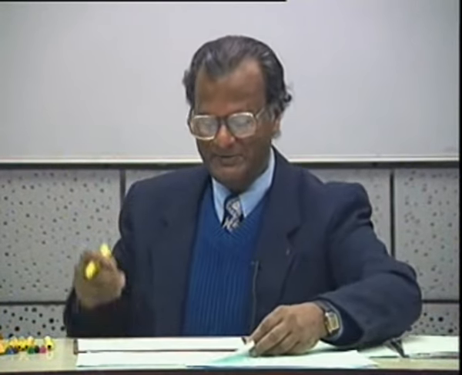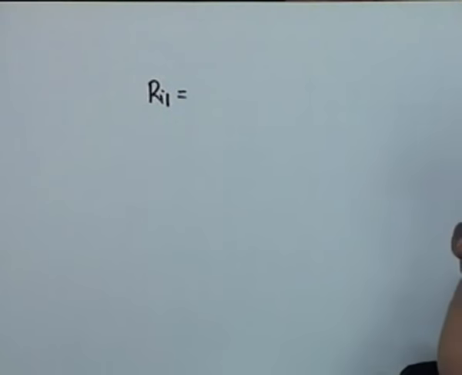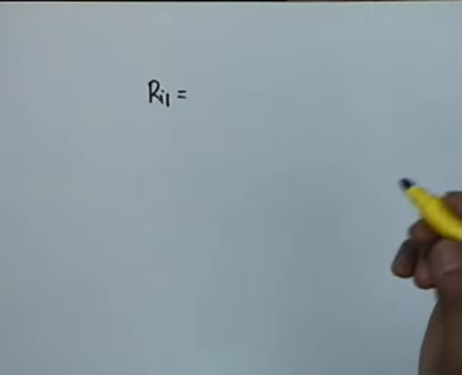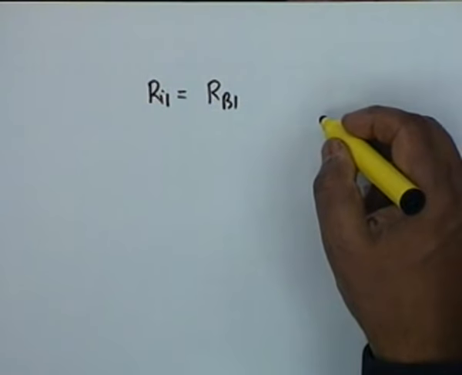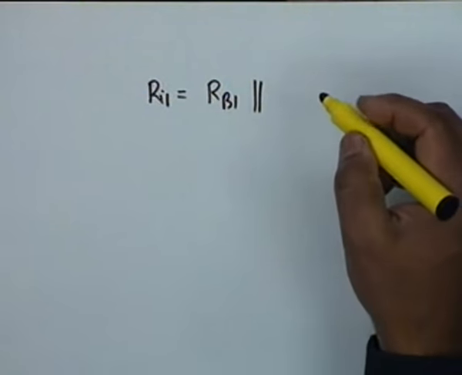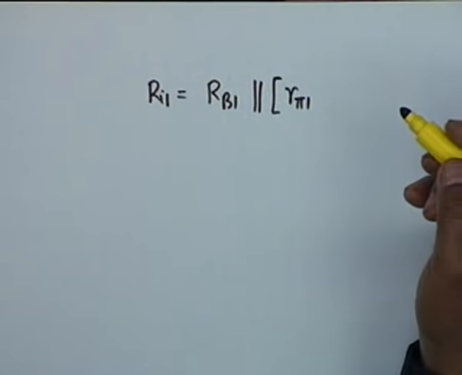I must also find Ri1 to know completely about the amplifier. What is Ri1? Ri1 is Rb1 parallel R pi 1. Anything else?